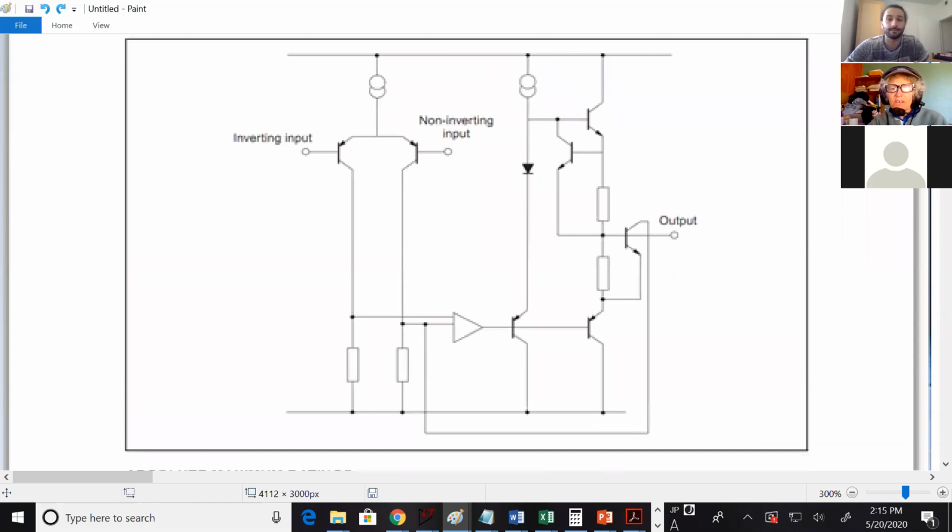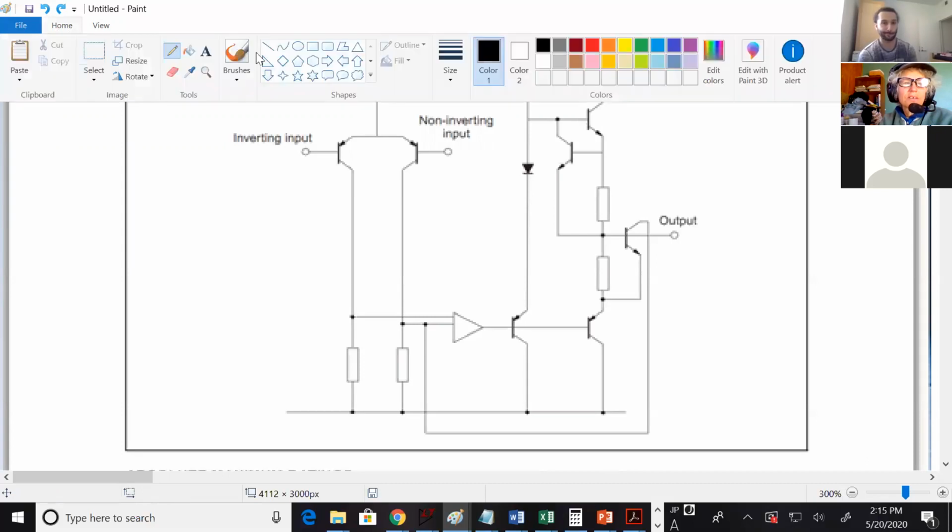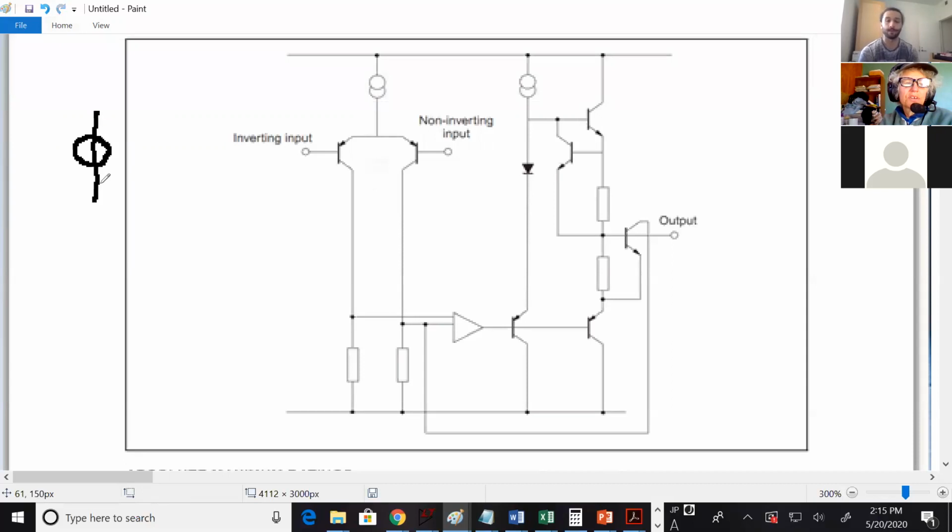All righty. So let's talk about just a few symbols on this diagram. Anybody know what the two circles are? Current source? Current source. Yeah, so we've been using the traditional current source like this, but this is a current source right here.